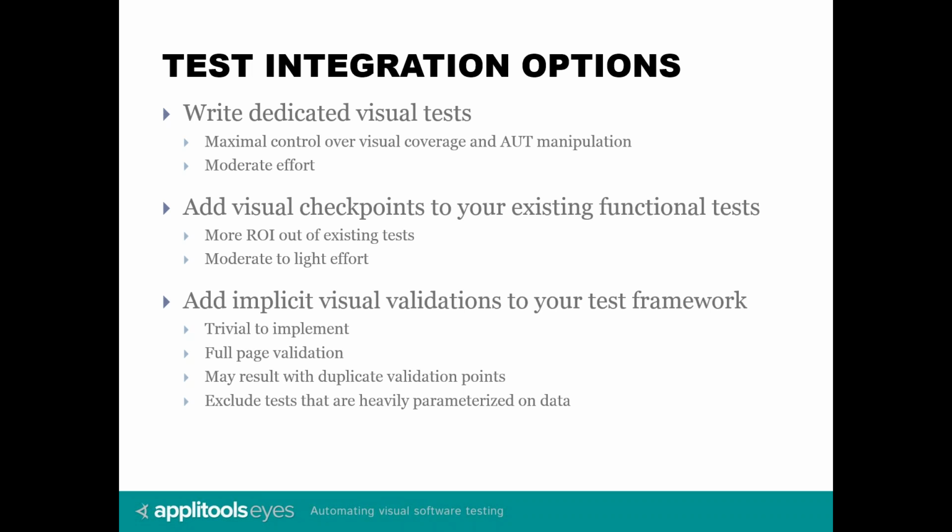And of course, it allows you to do all the tricks you want by manipulating the application under test. So let's say that you have a certain UI state that you have a backdoor to get to as a shortcut. You can just build a test that uses that and gets there and gets the screenshot and validate it. So you can get the most coverage in the most optimized way.